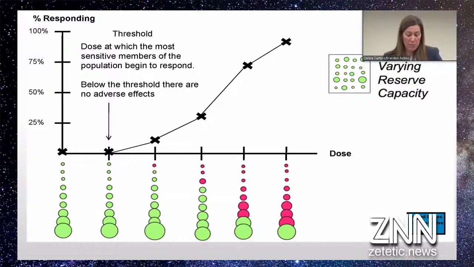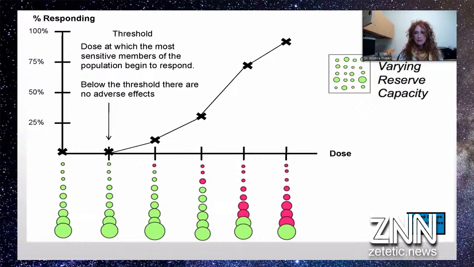Can you define point of departure? It's a dose level that is the starting point for extrapolating to develop a reference dose. A point of departure is identified, and then a series of factors to account for uncertainty and variability is applied to it to establish the reference dose.